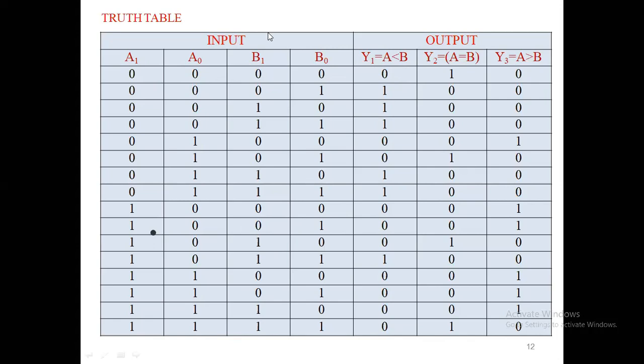I am telling you a direct shortcut. 0, 0 value is nothing but 0. 0, 1 value is nothing but 1. So 0 is less than 1. Is the condition true or false?